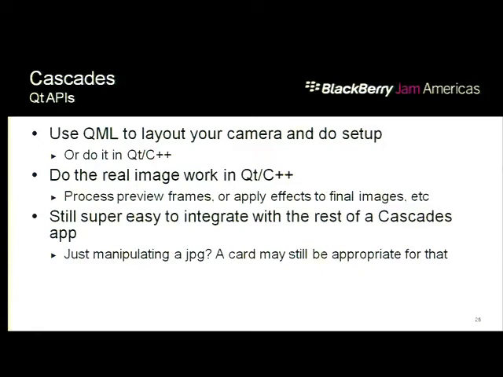Like I said, it's still really easy to integrate with the rest of the Cascades application. But if you're doing things like just manipulating a single JPEG you're taking, like you're applying effects to it afterwards or something like that, you still may not need to actually build the camera API into your application. You might want to just invoke the card, get the image when it's done, and then apply your effects after that. So that's just something to be aware of.